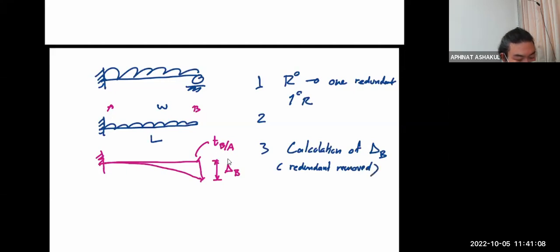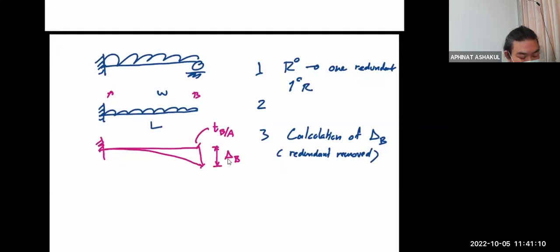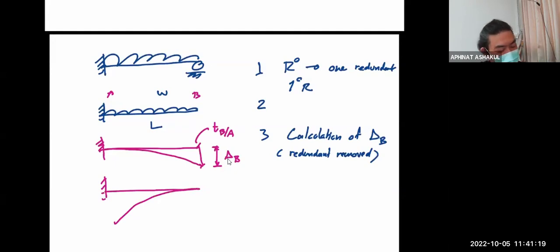Now, in order to do that, we need a moment diagram. And the bending moment diagram is, oops, sorry. So this value is minus WL square over 2.